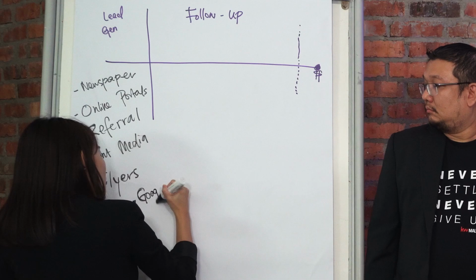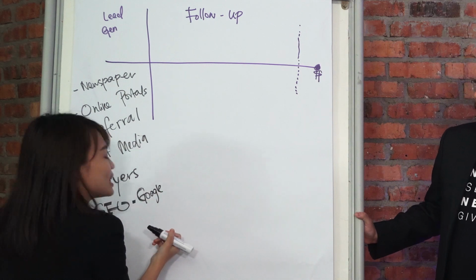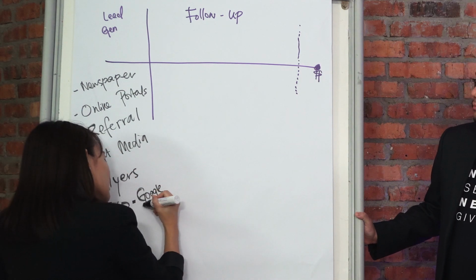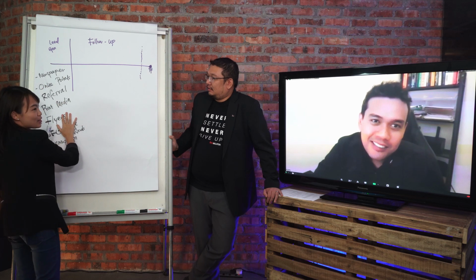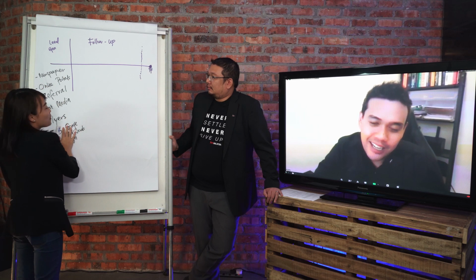Property portals, social media campaigns, search engine optimization, like Google AdWords, those things. When you say social media campaigns, what are the channels that you use? Of course, Facebook. Okay, so these are some of the tools that you are using for your business, right?